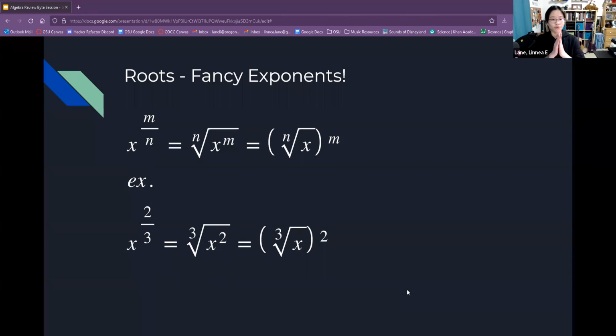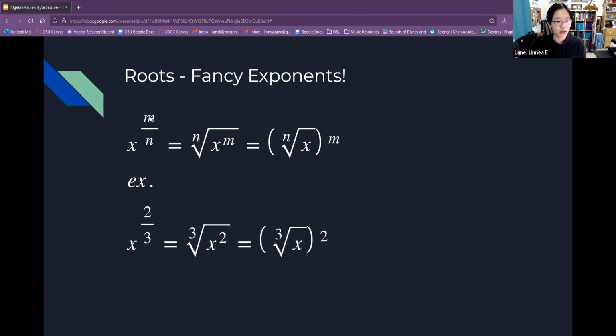All right. Roots are just fancy exponents. That's all they are. I know they can sometimes look confusing if you're in the depths of an equation and you come across this thing and you're like, well, what can I do with that? Or it's written like this and you're like, well, what does that mean? Roots are just fancy exponents. So you can rewrite an exponent as a root or a root as an exponent.